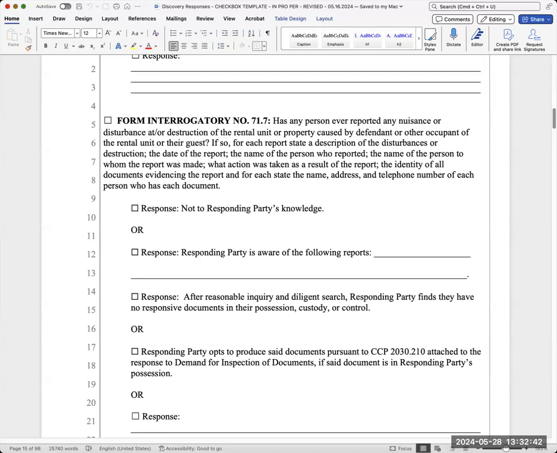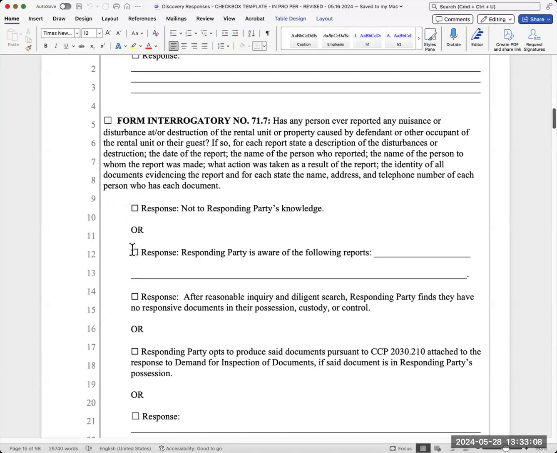And this is specifically about a written report that you would have been made aware of in writing of a disturbance of some kind or destruction caused by you, another one of the occupants, or one of your guests. If there was not anything that you're aware of, you check here.